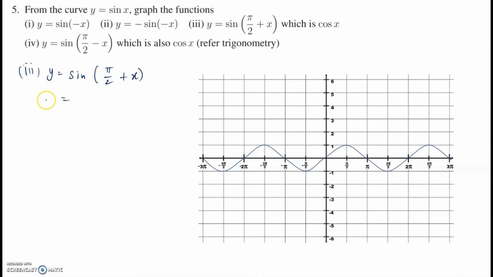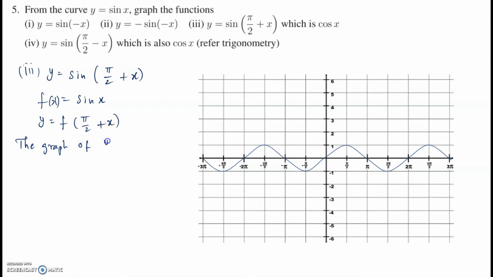You can call this as, if f of x is equal to sine x, then our new function is nothing but y is equal to f of pi by 2 plus x. So what happens is automatically the entire graph gets shifted by pi by 2 to the left.